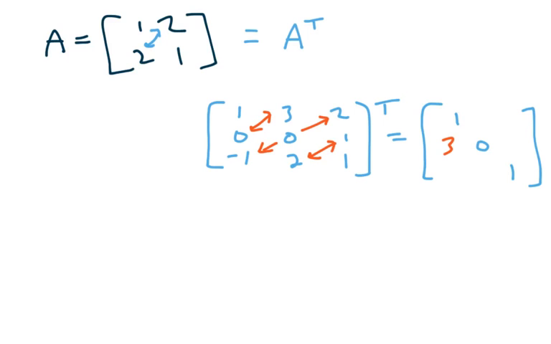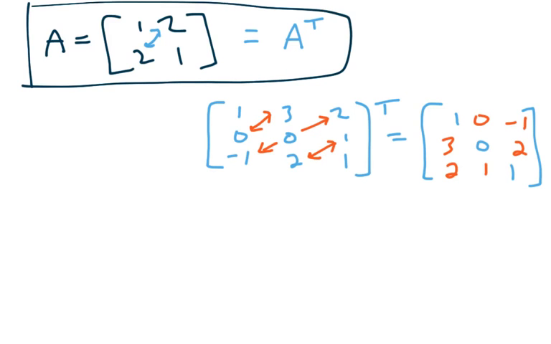So this 3 gets switched with that 0. The 2 in the top right corner becomes a negative 1, and then the 2 and the 1 switch. This is how you take the transpose of matrices. And the thing to notice about this A that was really nice before was that its transpose is itself.